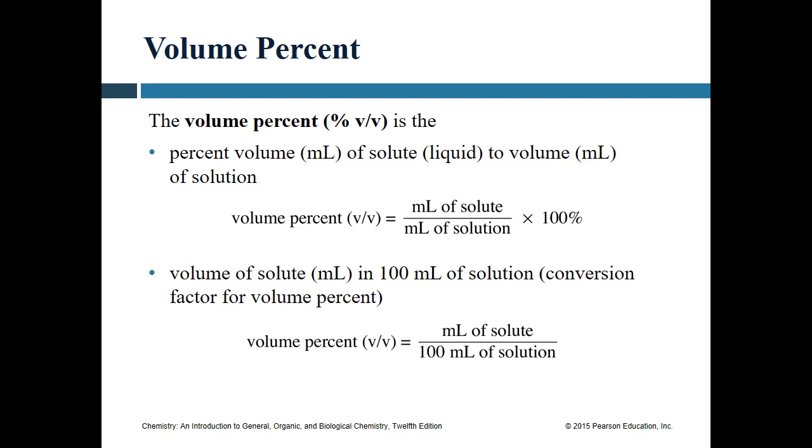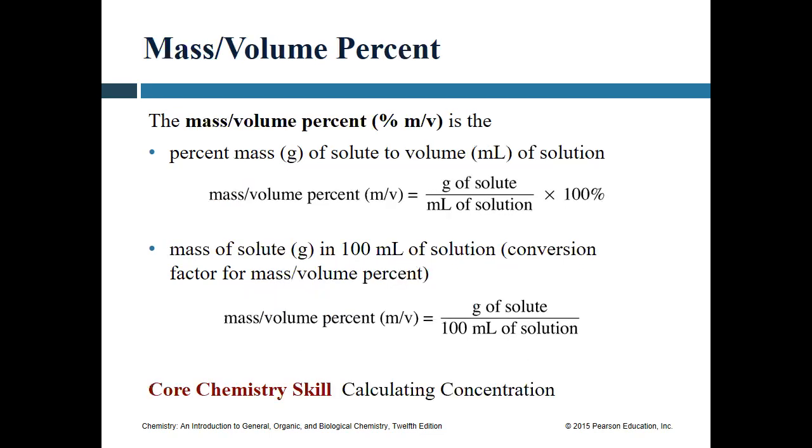Interpretation is exactly the same. The only difference is that the percentage represents the amount of solute in 100 milliliters of solution, as opposed to 100 grams of solution. And mass volume percent, again, the same kind of idea.